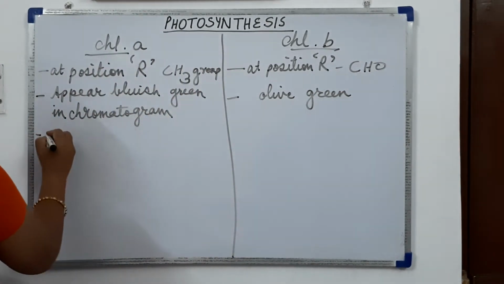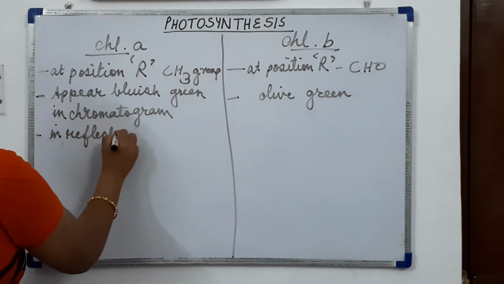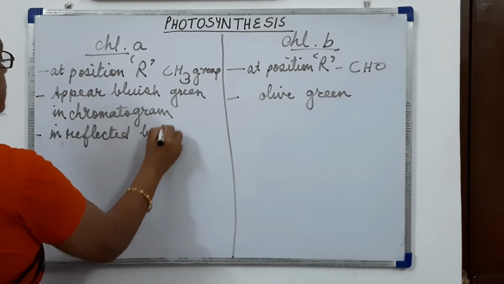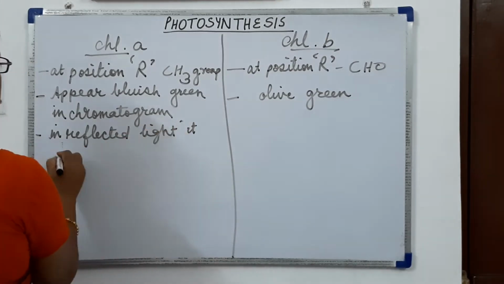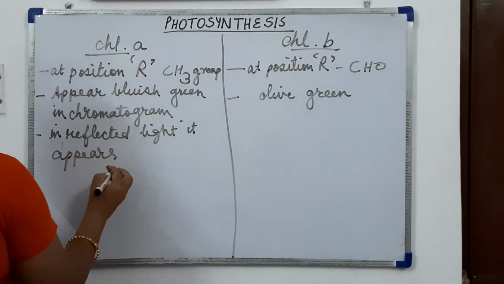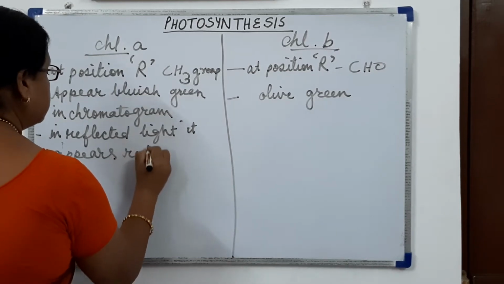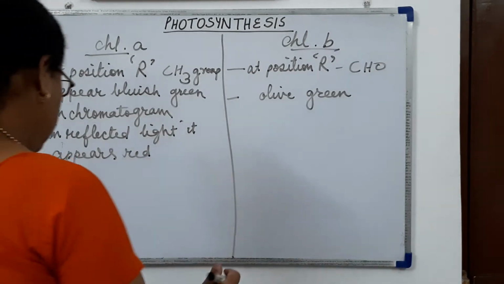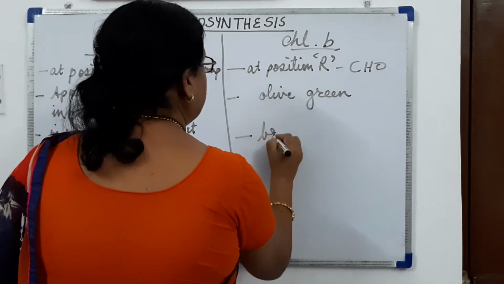Then in reflected light, this appears red in color, and this appears brownish red.